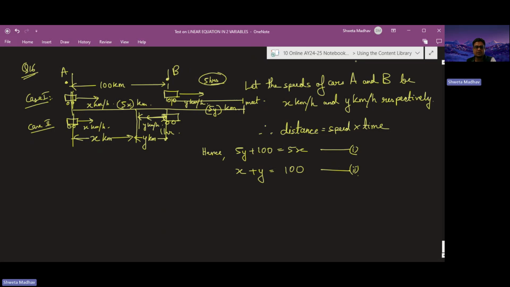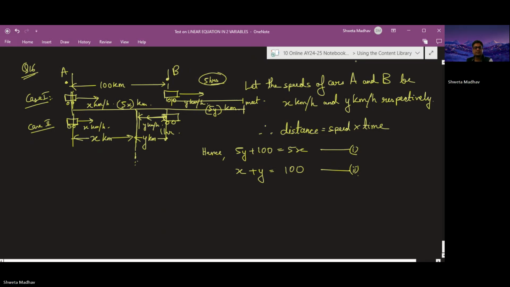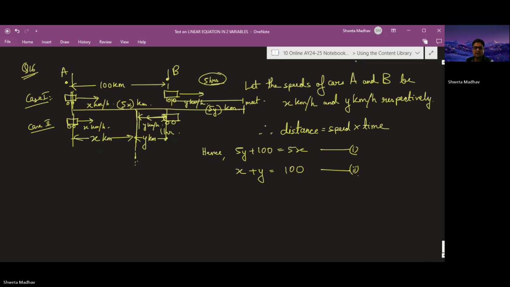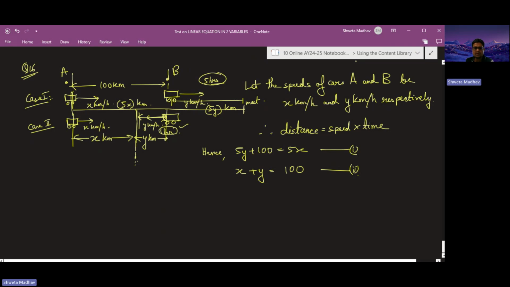In 1 hour only the two cars will meet here, when they move towards each other. So when they move towards each other, they will meet in 1 hour only, it is being told.